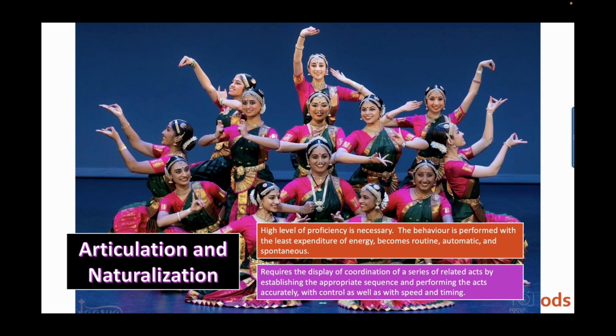They were probably making, let's say, two mistakes in a 1 minute dance performance on average, and now over a period of time they have reduced it to 1 or 0, and even if they dance for 5 minutes there are no mistakes. That's the level of precision they are achieving, which is called articulation.